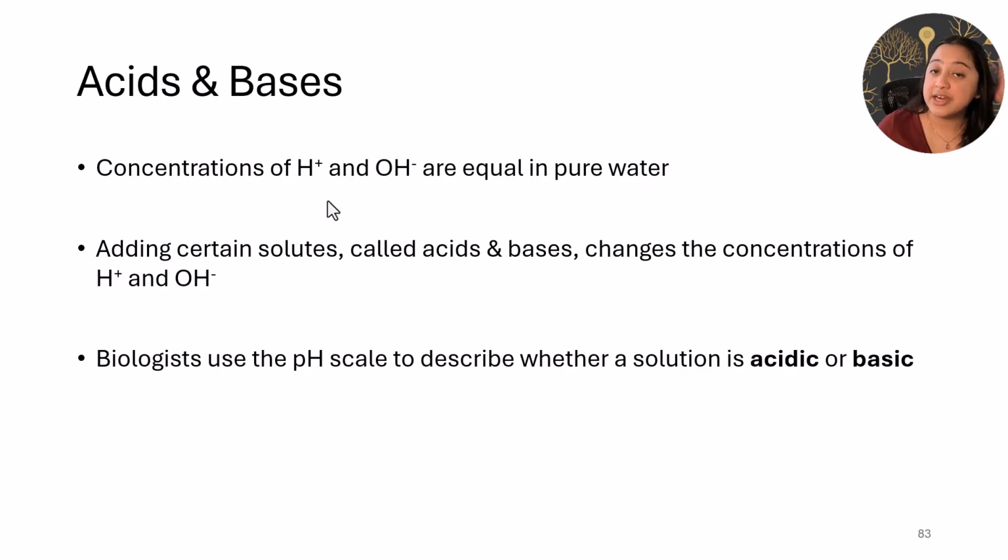But if you add something else, sometimes that will really change the concentrations of the hydrogen ions or hydroxide ions. Adding certain solutes can change those concentrations, and we call these solutes acids or bases, depending on which one they alter. Biologists use the pH scale to describe whether a solution is acidic or basic. Chemists do this too, but it's something we especially focus on in biology.